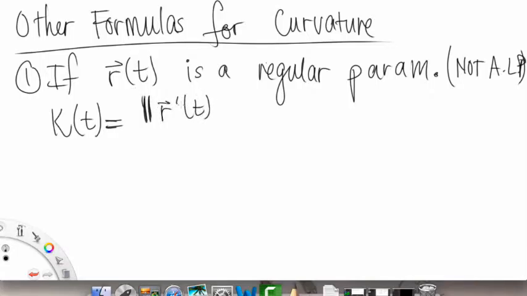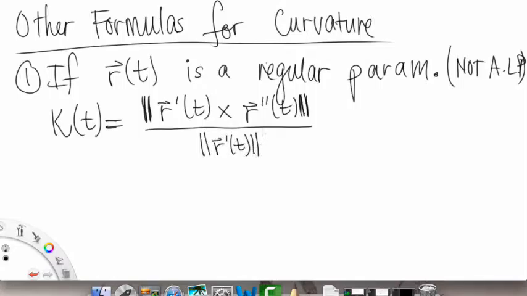So we have the magnitude of r prime of t crossed with r double prime of t, and we take the magnitude of all of that on top, and then on the bottom we have the magnitude of r prime of t raised to the third power. This is more or less a plug and chug kind of formula.